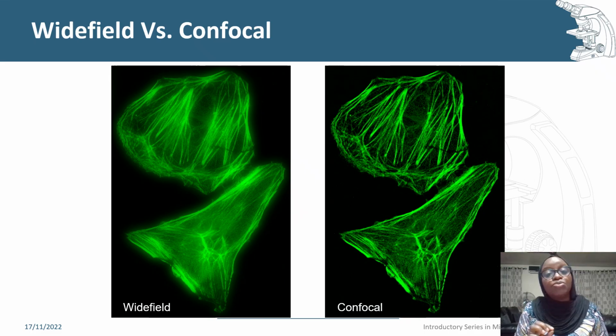This is done using a pinhole. Getting rid of the light originating outside of the focal plane removes the out of focus light, making your sample sharper and clearer, as seen in this image.